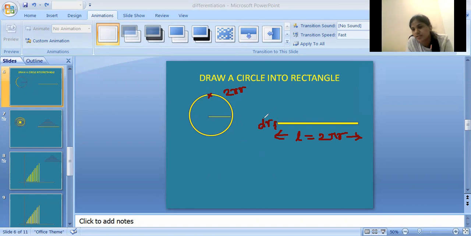Let me assume this is dr, and you can ignore this part. Imagine you are slicing the circle into very thin, finer and finer chopping. If that would be the case, the dr would be negligible. You don't have to bother about the thickness. So you just take only one dimension for the rectangle. So you can assume the circumference of the circle as the length of the rectangle. Is that clear?